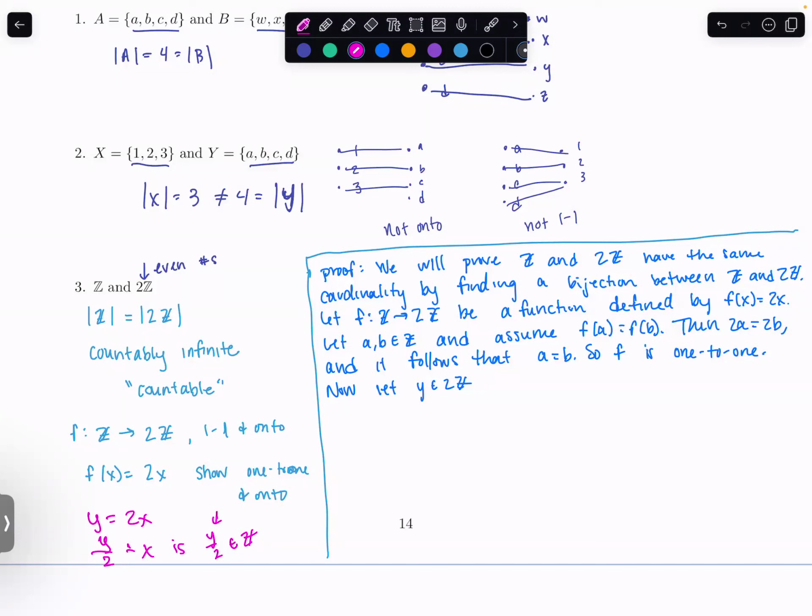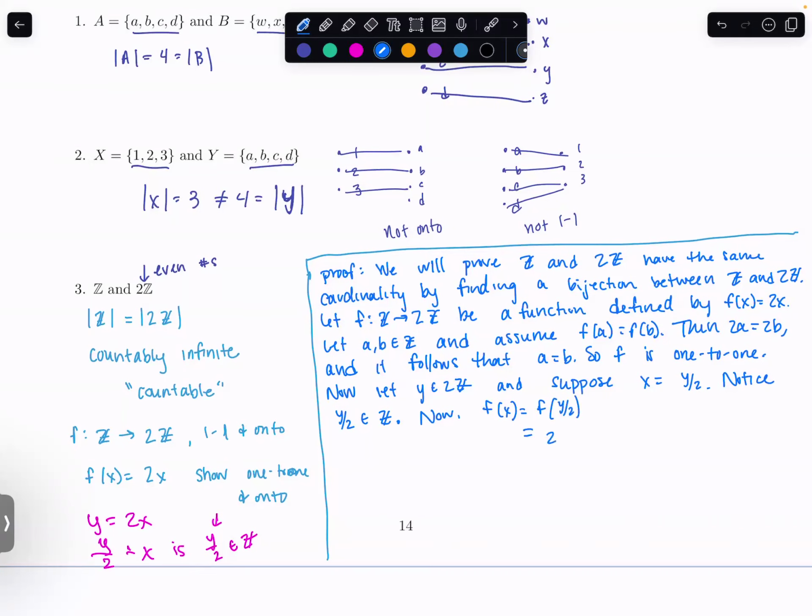All right, so we're going to let y be in 2Z and suppose x is equal to y over 2. We're going to notice that y over 2 is an element in Z. Then, now, F of x is equal to F of y over 2, which is equal to 2 times y over 2, which is y.